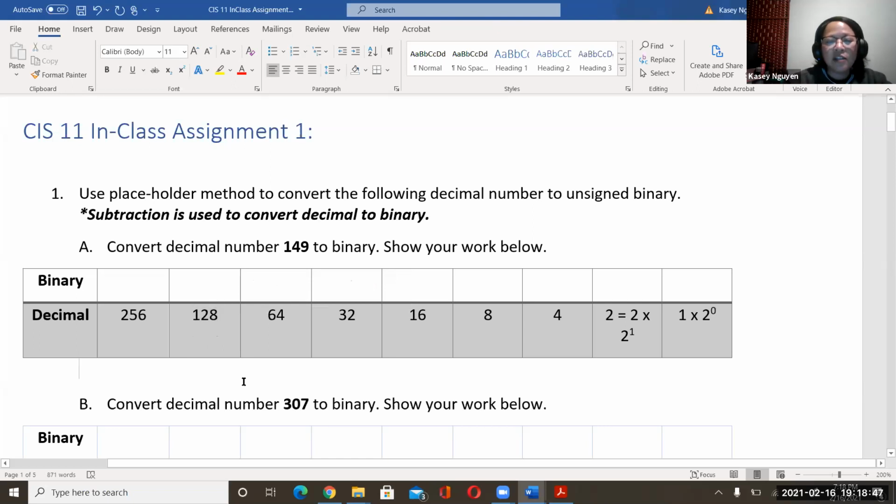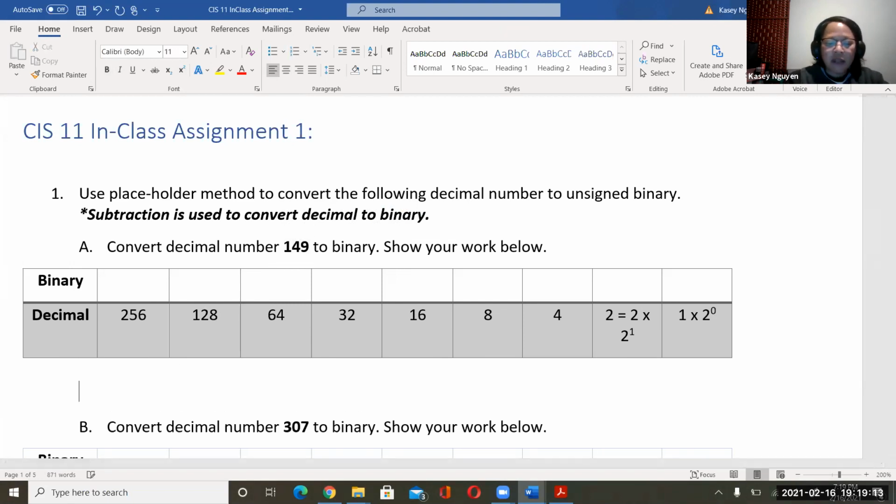So in the subtraction method, you would start with the scale, which is multiples of 2, starting from the right as 1, and then you go left by multiplying by 2. Then you find a value that you can subtract from the decimal number you were trying to convert, without going into the negative. So I would start with 149 and subtract 128.